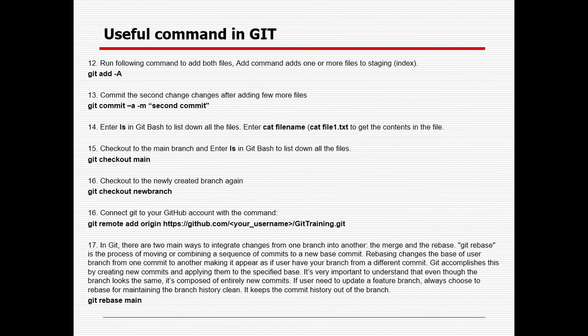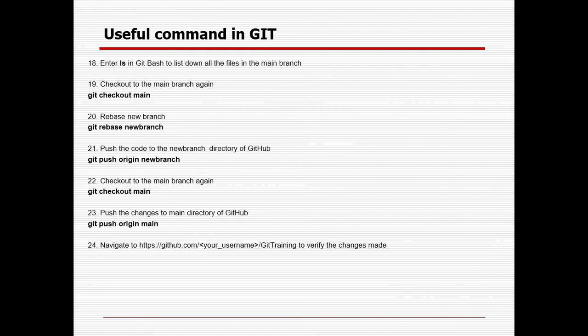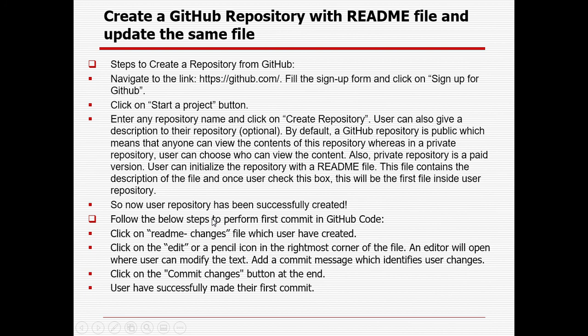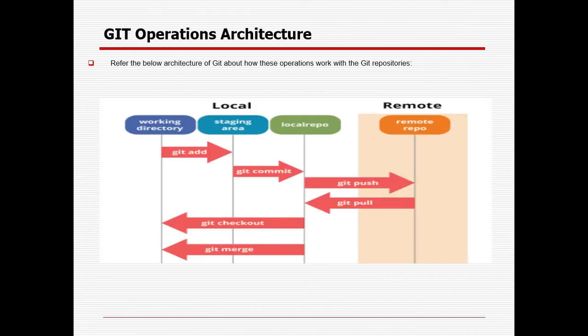And you can rebase that branch onto your main branch, so that all the code is synced across these two branches. And you can push the code to the new branch in GitHub again, and push the code to the main branch as well.